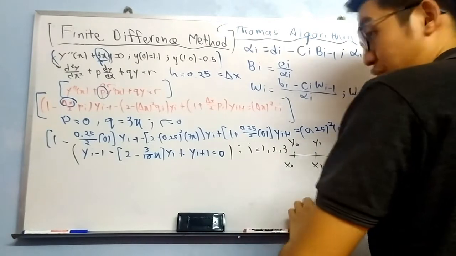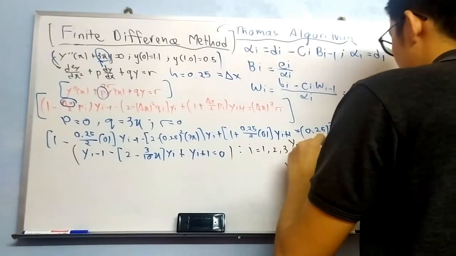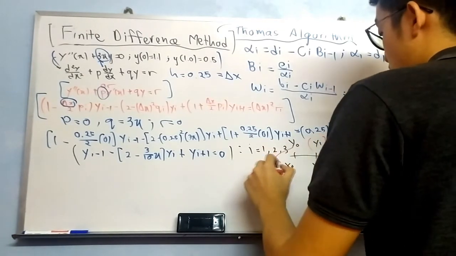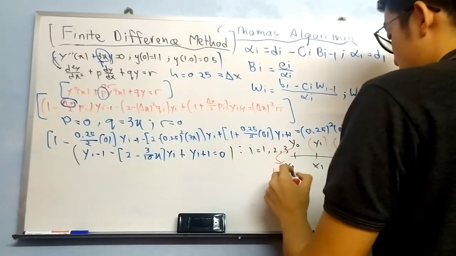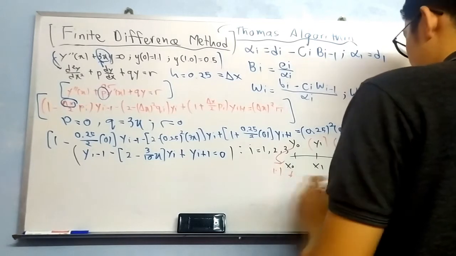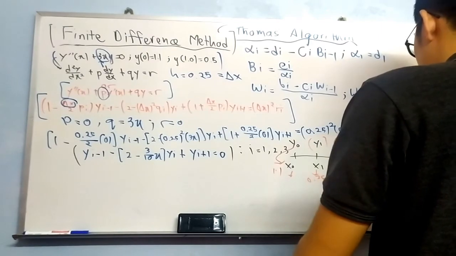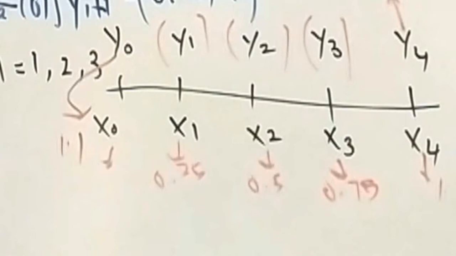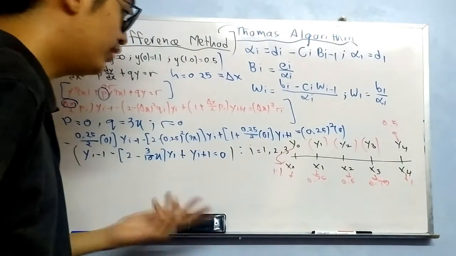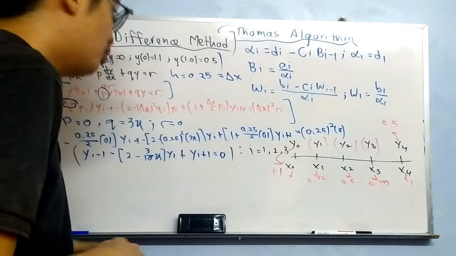Since y0 and y4 are known, they are both given values, so we are going to determine y1, y2 and also y3. y0 is 1.1, y4 is 0.5, and x starts at 0 and ends at 1, so the steps are 0.25, 0.5, 0.75. So from this time series, we know that we are going to determine three values, y1, y2 and y3. So now let's proceed.